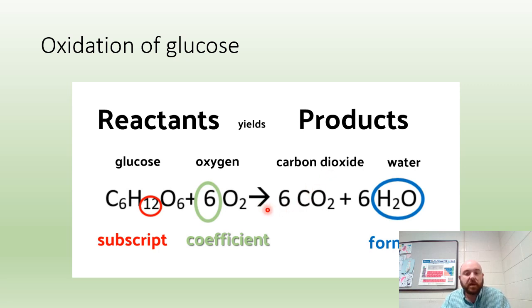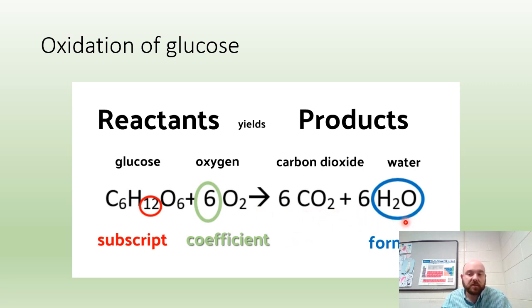Then we have an arrow here. We have these two chemical formulas, these two chemicals essentially, being added together. They're reacting together as indicated by this plus sign. We call these the reactants. They are what is reacting. Then we have a little arrow that shows us the yields, meaning these things are going to react together and they are going to yield our products.